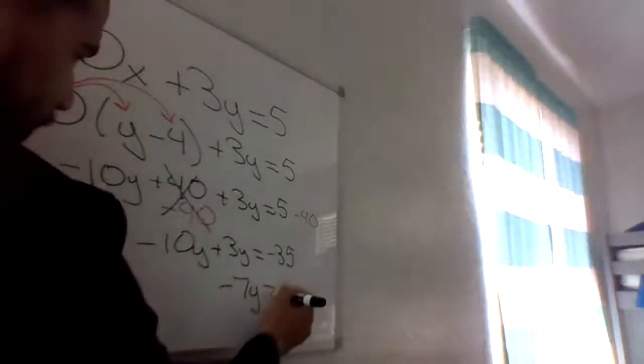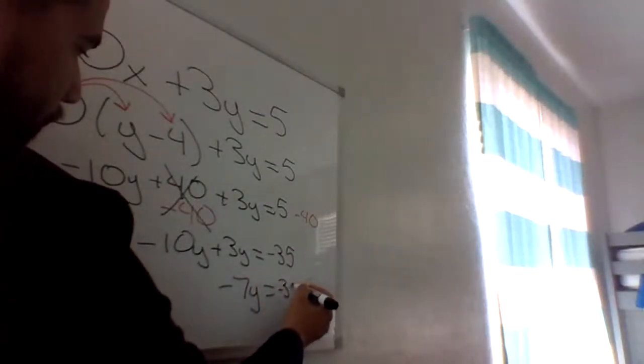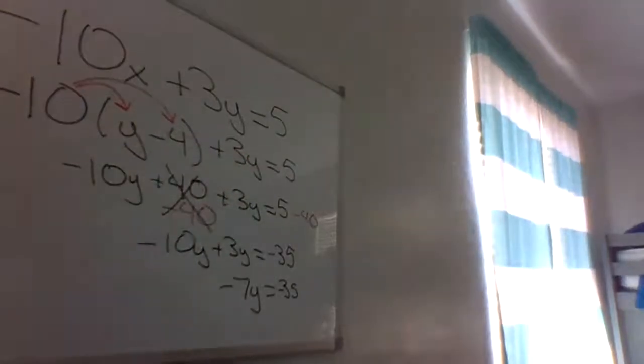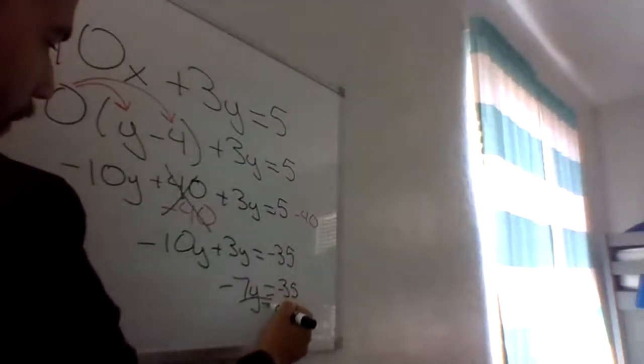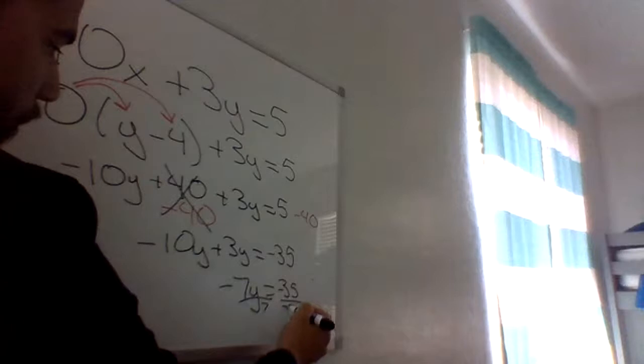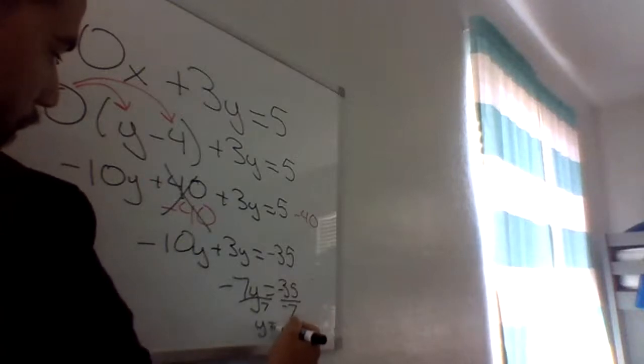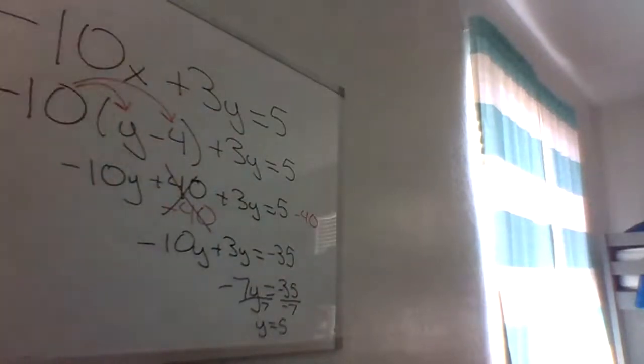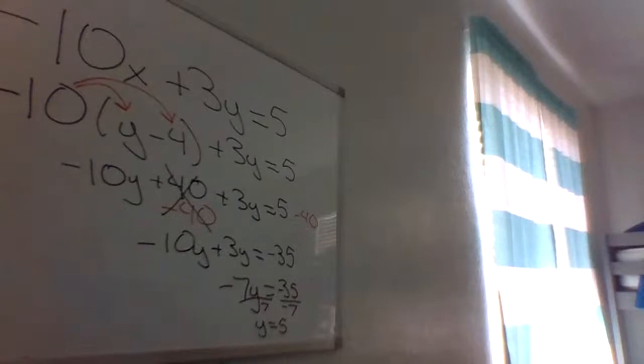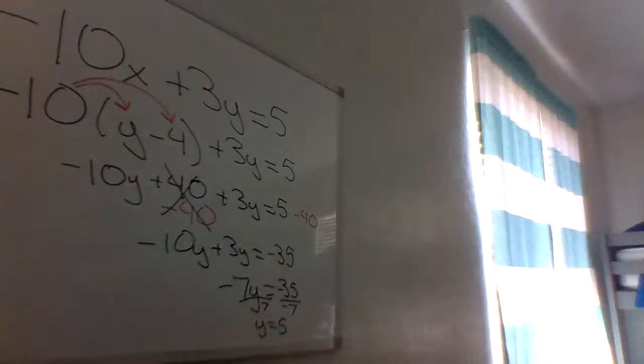The 7y equals negative 35. Dividing it, y equals 5. Good. Now what? Now we go back to the original problem and plug 5 in for y.